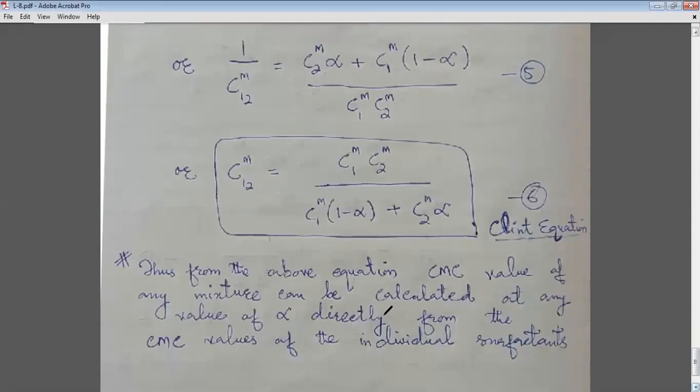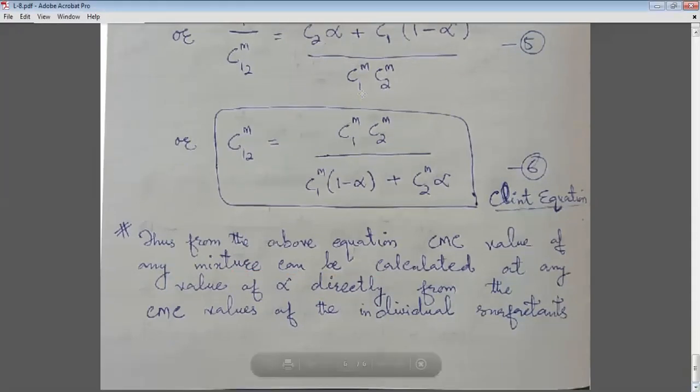Okay, so these equations basically help us to calculate the CMC of the mixture where the mole fraction is given of the individual surfactants. I will make one more table so that you can do it at home. Suppose for practice purposes, this is alpha, this is S1, this is S2, or CMC1, CMC2.